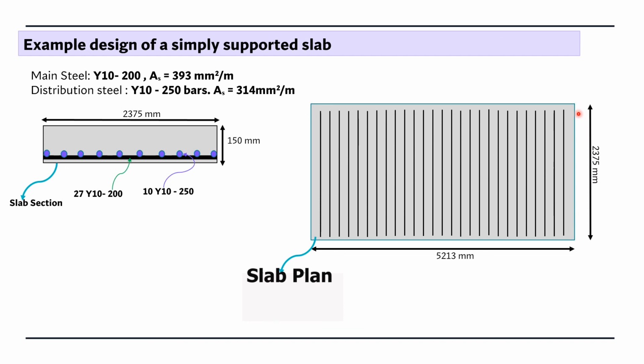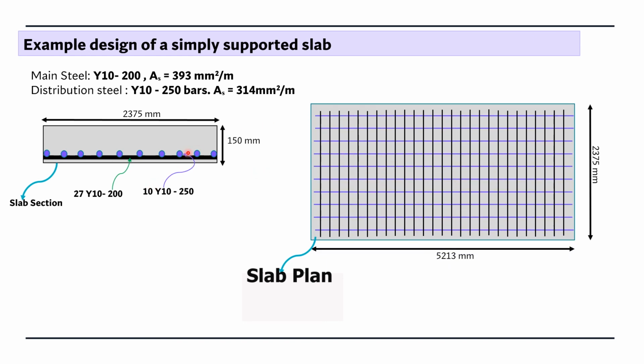Remember, the span is the shorter side of the slab, and it's represented in the section here. And so the distribution reinforcement too consists of 10 in number, and you know how that 10 was gotten?